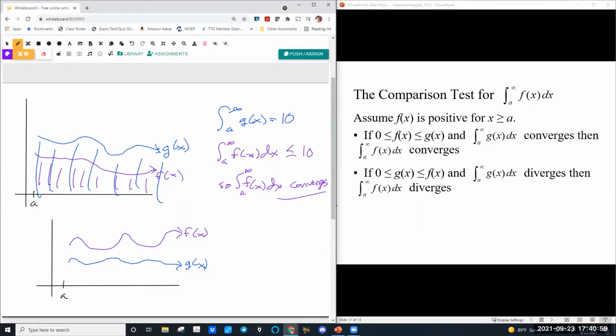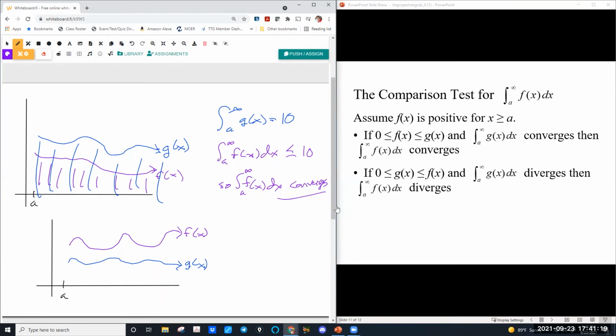Basically what this is saying is, hey, we've got an infinite amount of area under G, something we can't calculate, it didn't converge. And F is bigger. So if this is already infinite and F is bigger, it must also be infinite. So if G diverges, then F diverges.